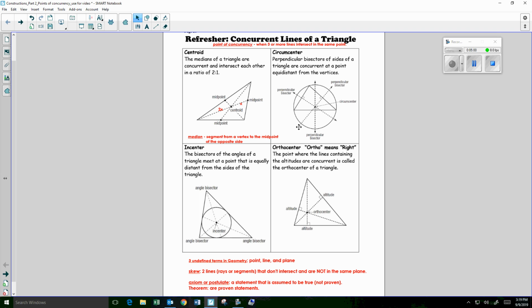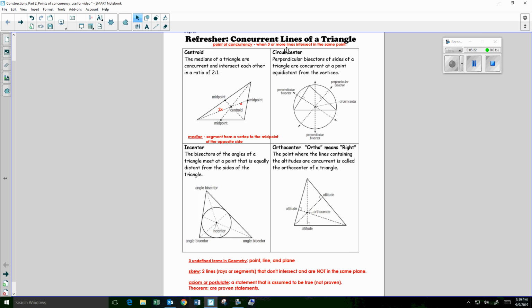Circum means about or around. So when I have a circumcenter, when I put the pointer here and put the pencil on any one vertex and draw a circle, it will automatically go through the other two vertices. And so it creates a circle about the triangle.